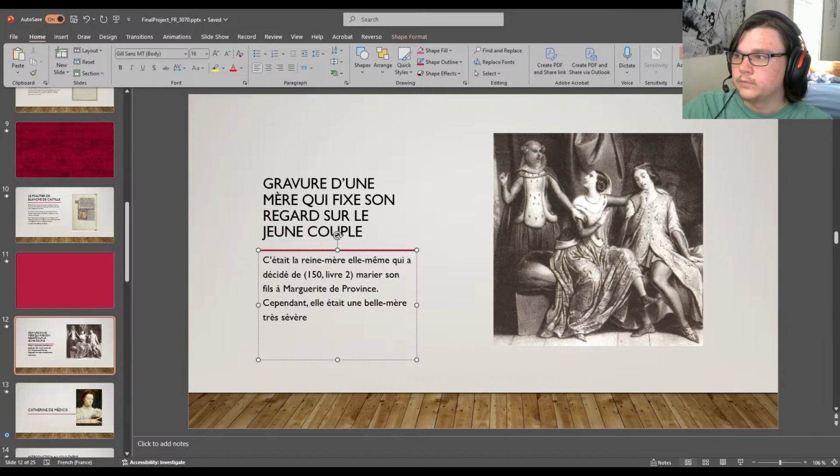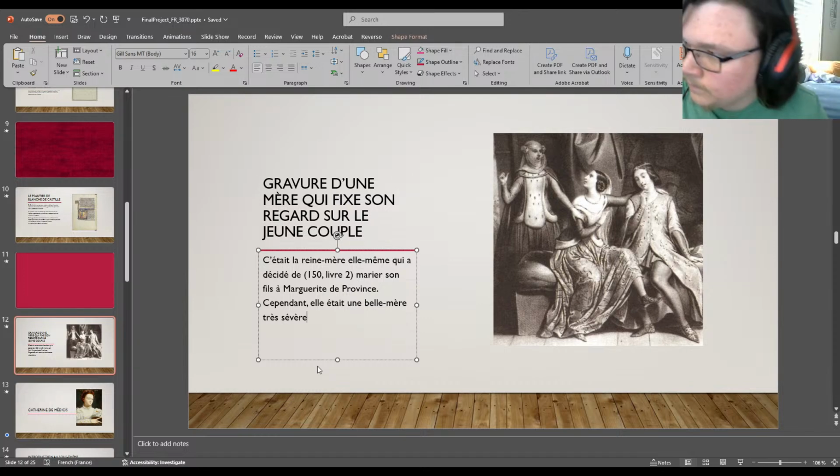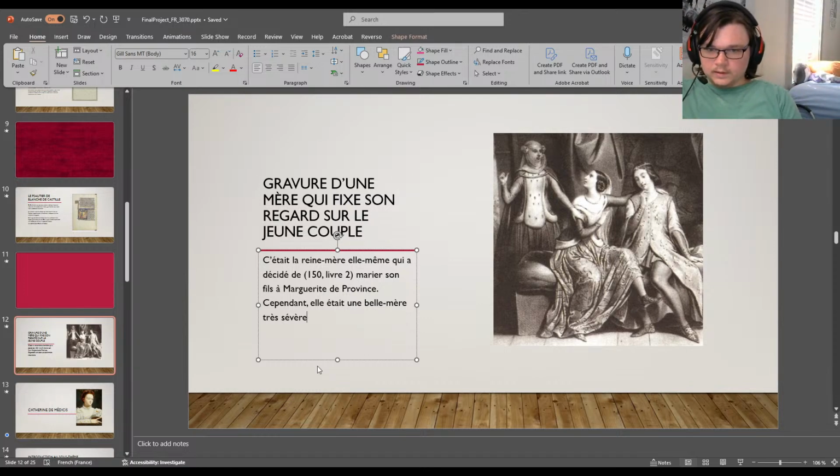One of my aunts is my dad's sister, one of my uncles was my mom's brother, and the other uncle was my dad's sister's husband. So there's a distinction in the vocabulary they use there, but we don't. Apparently belle-mère seems to be used for both, if I'm not mistaken. Okay. Elle était une belle-mère très sévère.